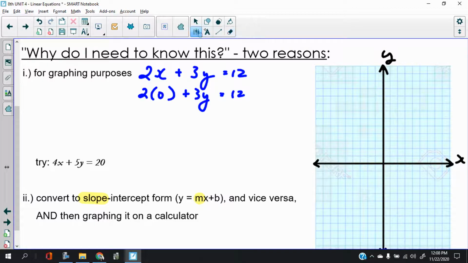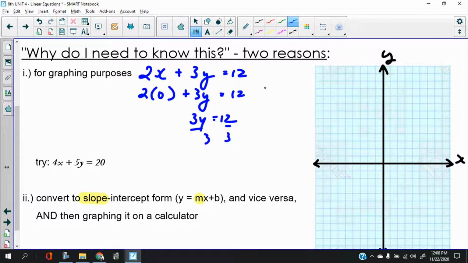Okay, so meaning, 2 times 0 is 0. I don't even need to write that, right? I can just write 3y equals 12. Divide both sides by 3. Y equals 4. So right off the bat, you know that the y-intercept is 0, 4. And let's plot that. 0, right, 1, 2, 3, 4. Right, I'll write it out, okay?